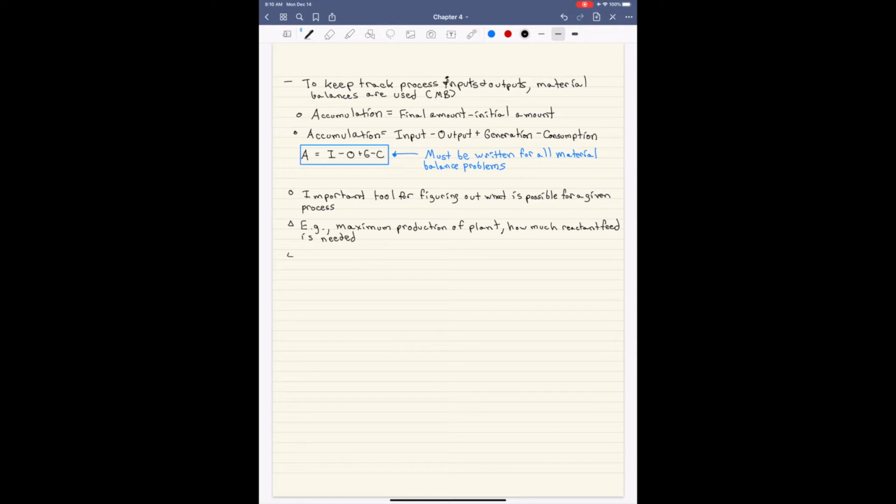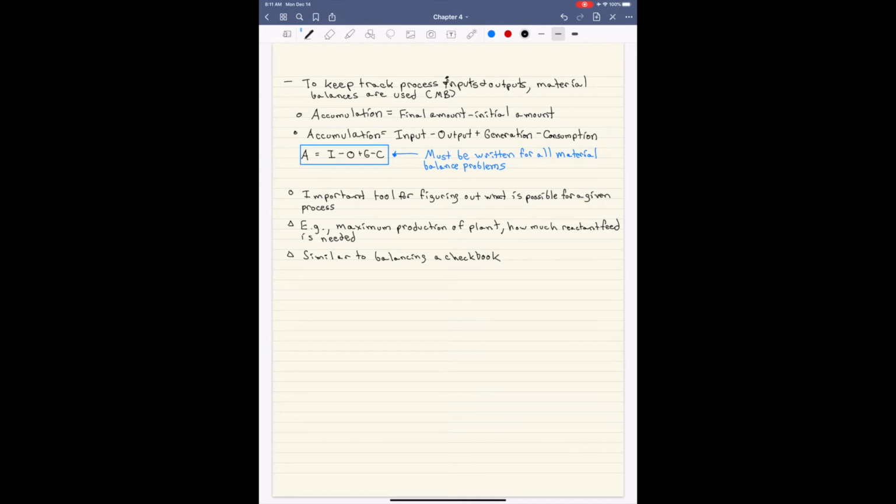And really, a material balance is basically identical to the act of balancing a checkbook. Right?